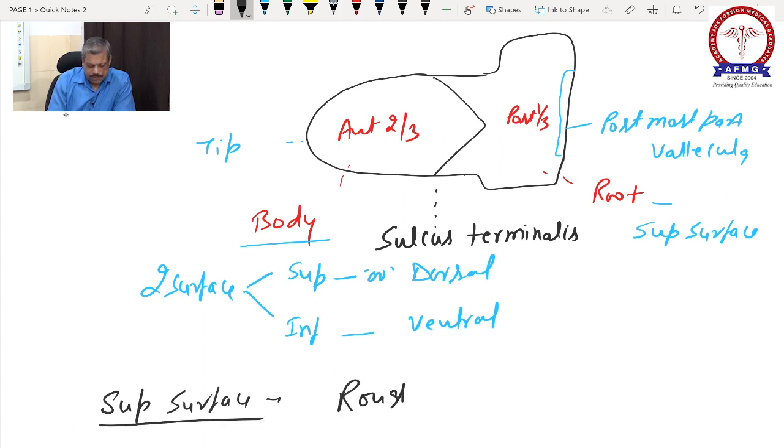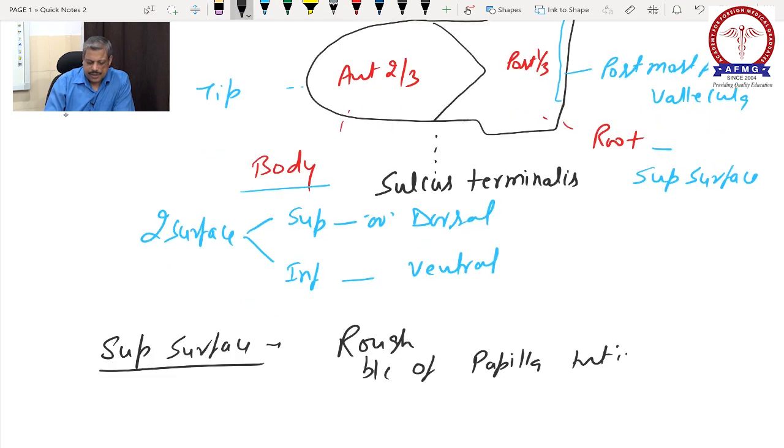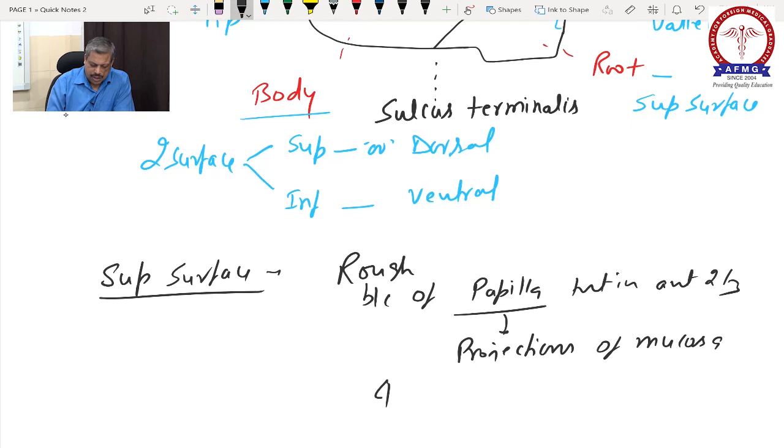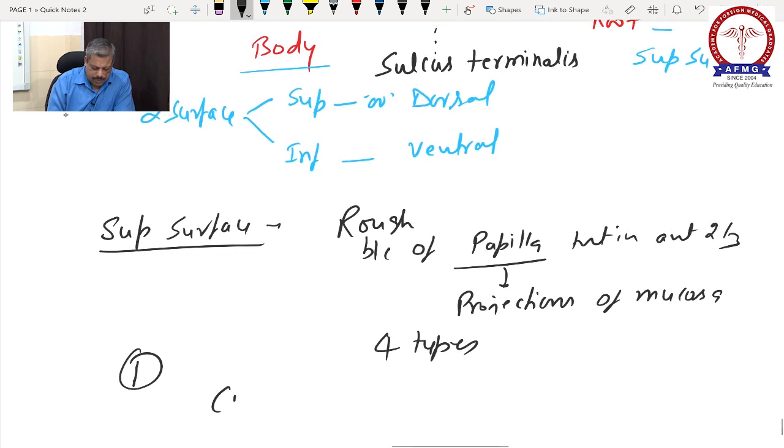This is rough because of papilla present in anterior 2/3. So what are the papilla? These are the projections of mucosa, or mucosal projections. These papilla, these are 4 types. So first is the circumvallate papilla.